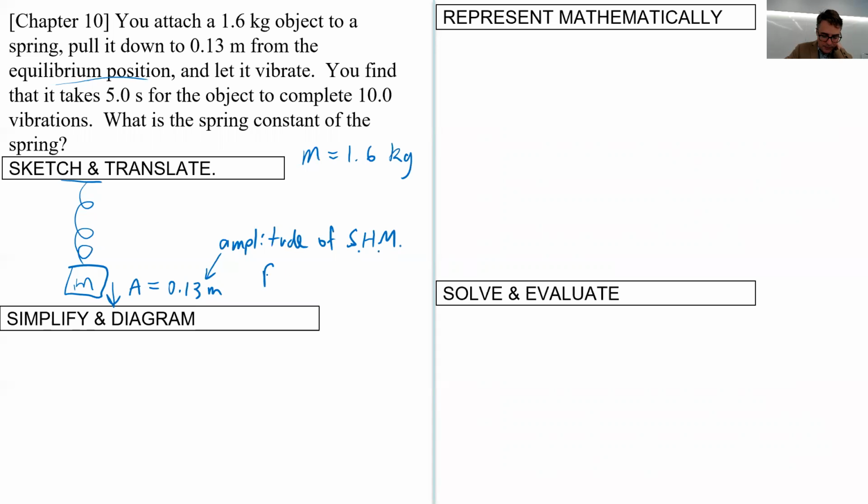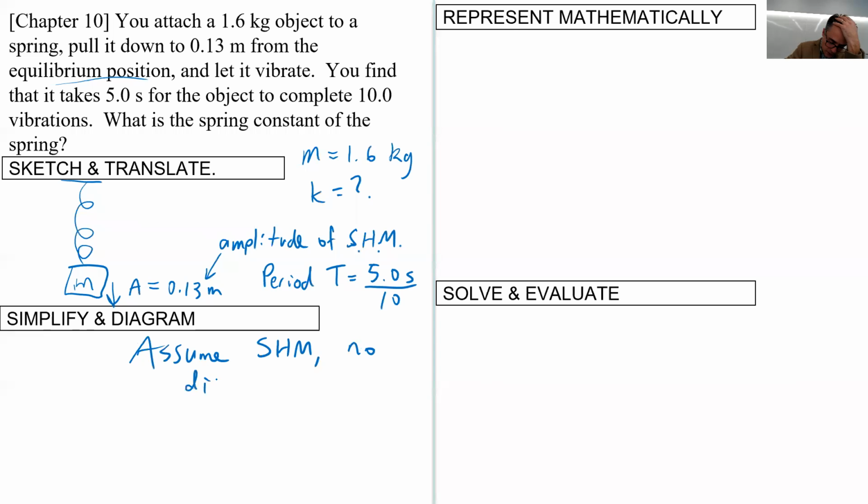And then the period T is equal to 5.0 seconds divided by 10 vibrations. And we're trying to find the spring constant of the spring. So we're just going to assume SHM, no dissipative forces.